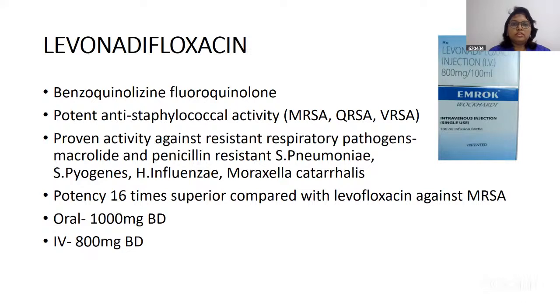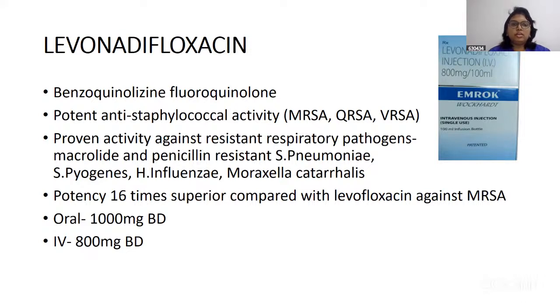So what is the most important thing about it? It has the highest lung penetration when you compare it with any other quinolone. So it has proven activity against respiratory pathogens: macrolide and penicillin resistant Streptococcus pneumoniae, Streptococcus pyogenes, Haemophilus influenzae, Moraxella catarrhalis.